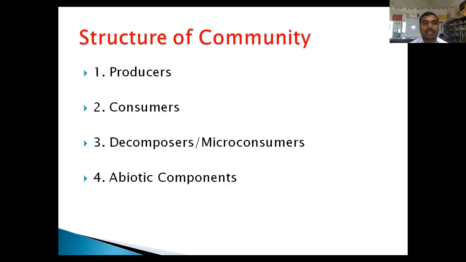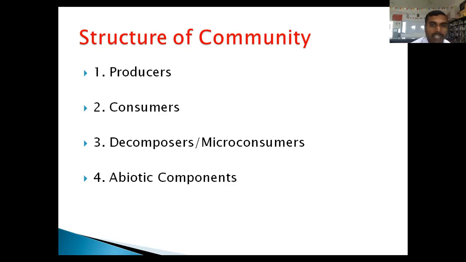Then the second component is consumers. Consumers are those living organisms that depend on producers directly or indirectly for their food and energy requirement. They derive their food from green plants directly or indirectly.